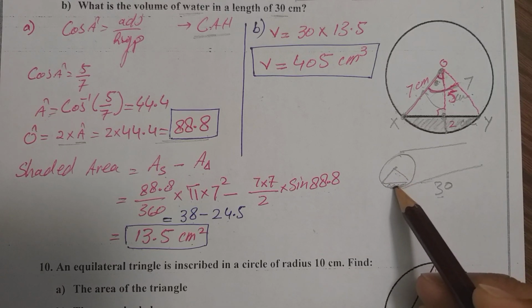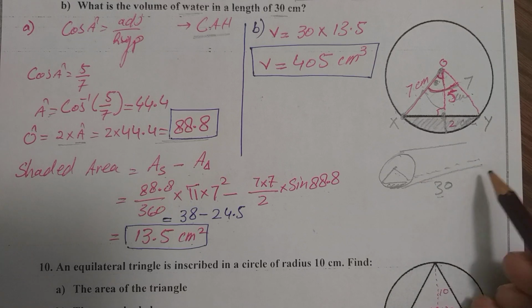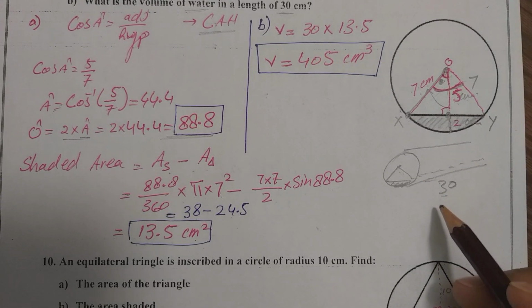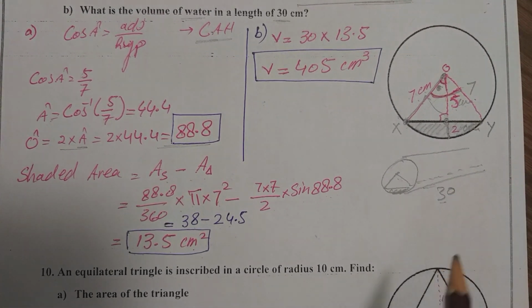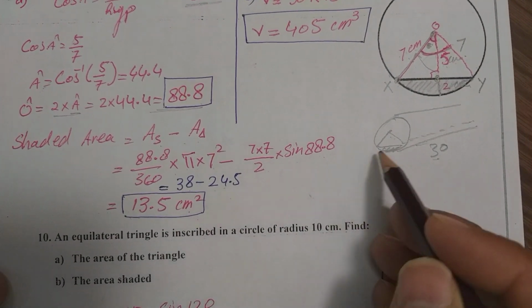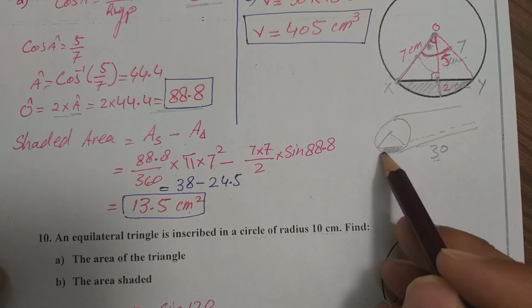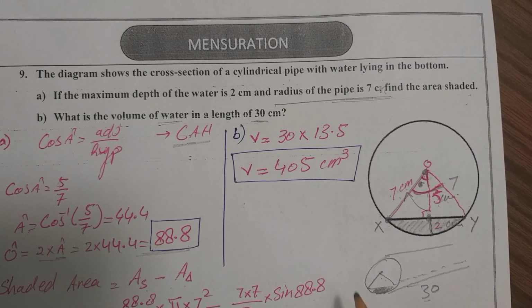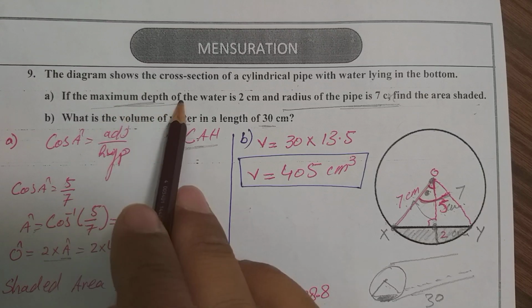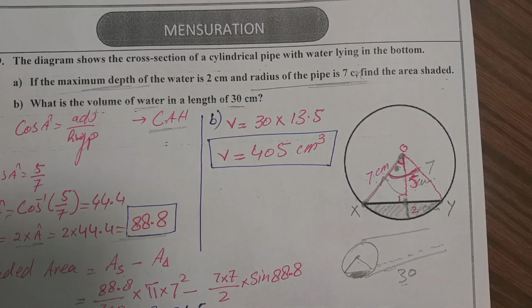So he asked how much water is in the whole length of this pipe. So multiply only 30 with the area of the depth of the water. So this is the complete area of the water left in the pipe here. So multiply this by 30.